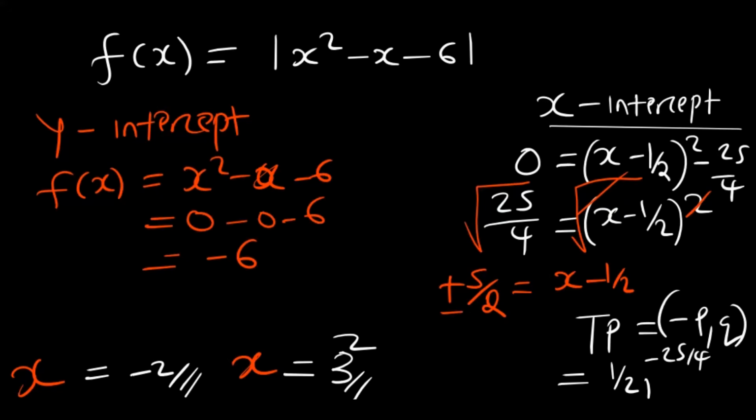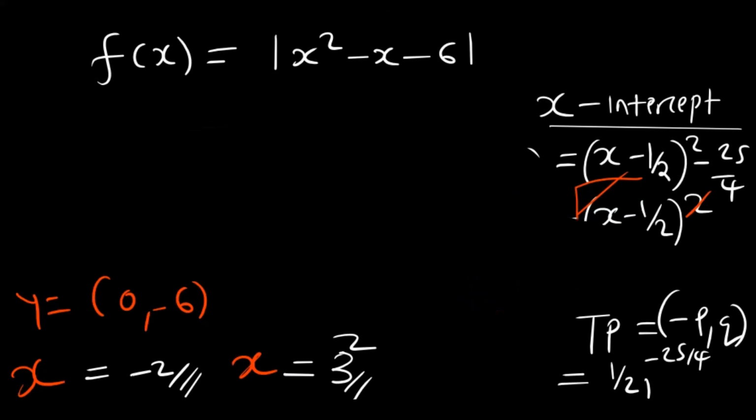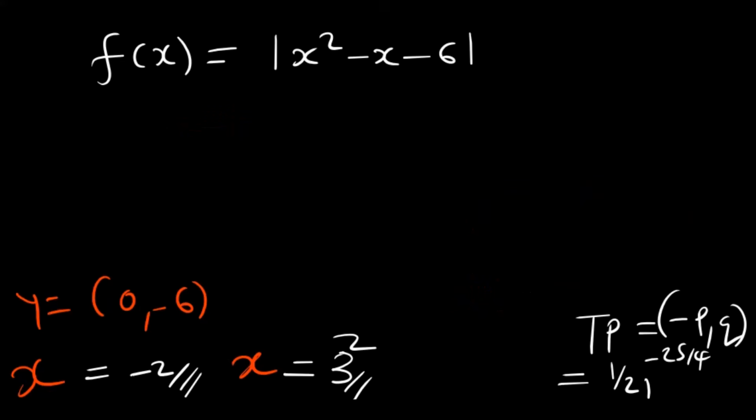So the y-intercept is at 0, negative 6. So that is what we have. Then allow me to wrap this part. So we found everything that we need for graphing. Okay, so now let's say this is our graph.